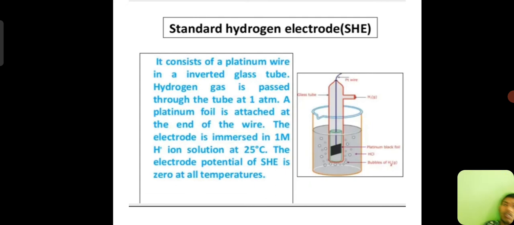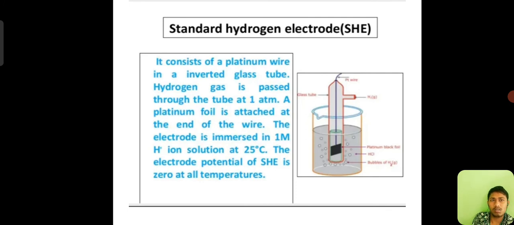The standard hydrogen electrode is generally called SHE. It consists of a platinum wire in an inverted glass tube. Hydrogen gas is passed through the tube at 1 atmosphere over the platinum foil attached at the end of the wire.